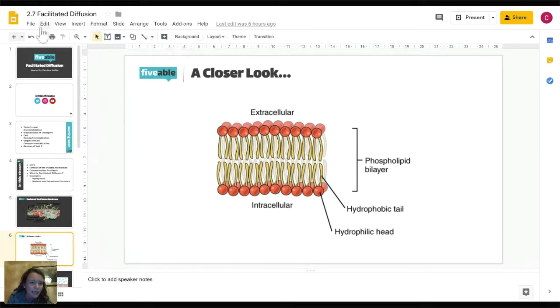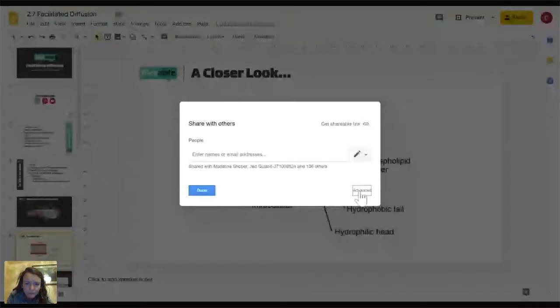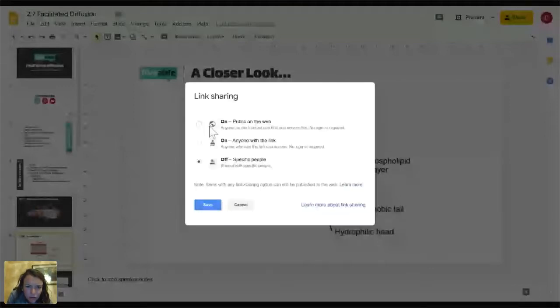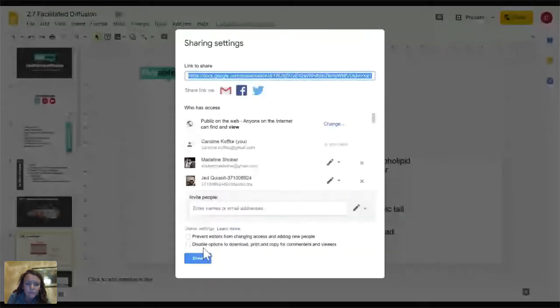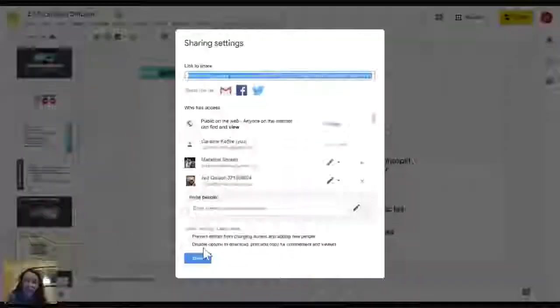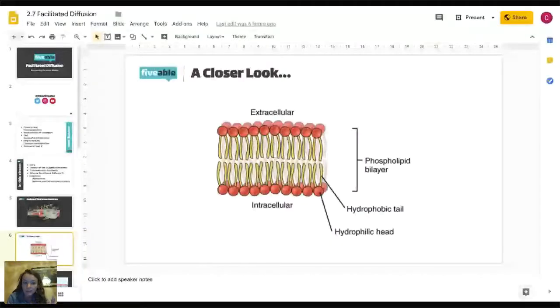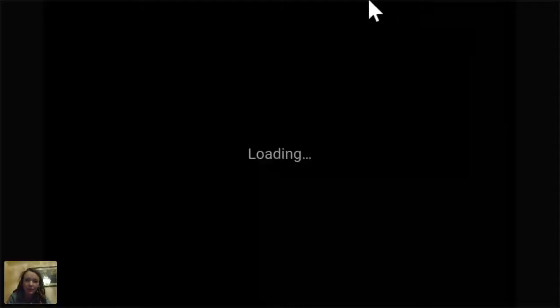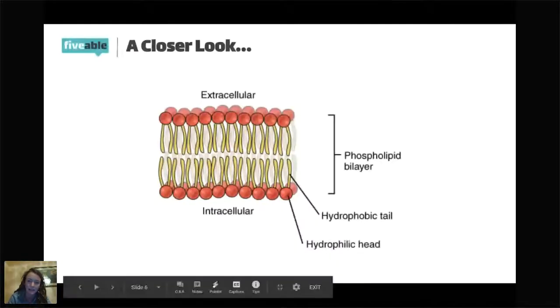Let me just change my sharing settings. Cool. Okay, let me know now. Perfect. Awesome. I must have forgotten to change my sharing settings. Thanks for letting me know, guys. Sorry about that. I definitely want to make sure that you can follow along on the slides yourself.